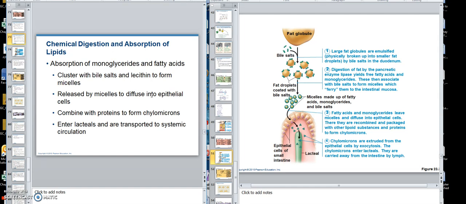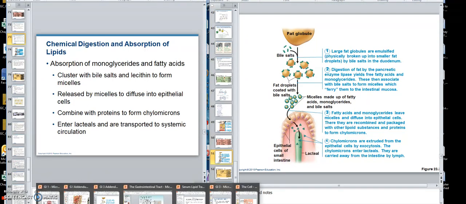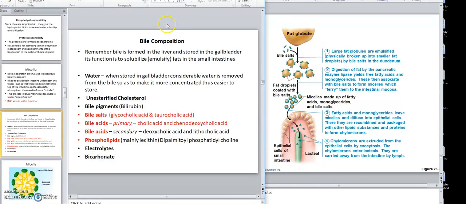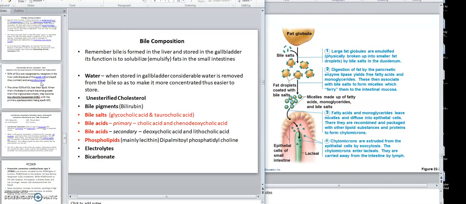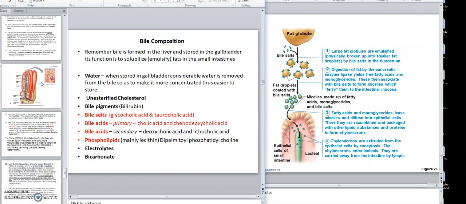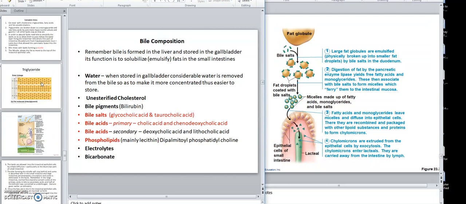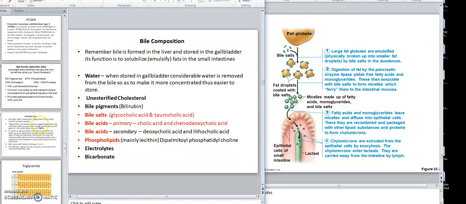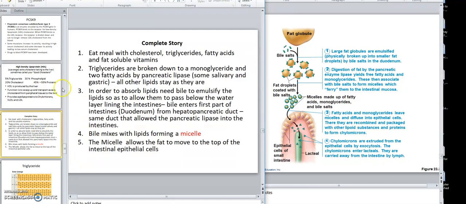Now, my best description of this is in my serum lipid transport. If you really want to know the complete story, you can come here to my serum lipid transport, and here would be eat meal with cholesterol, triglycerides, fatty acids.